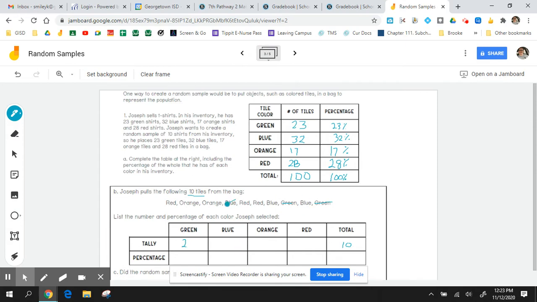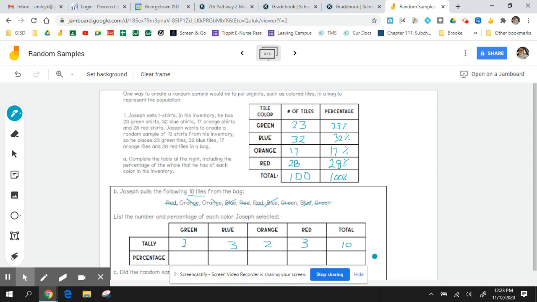Blue, there's 1 blue here, 2, and 1 more, 3. Orange, 1, 2, only 2 oranges, and reds. Here's 1, there's 1, there's 1, there's 3.